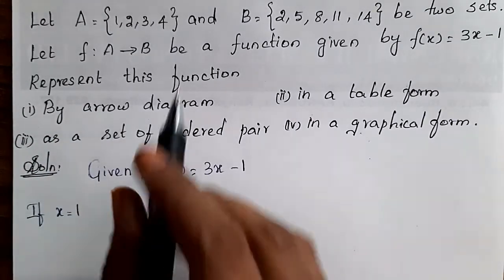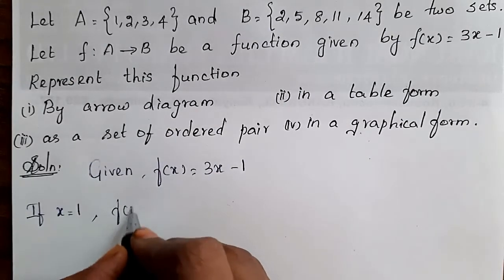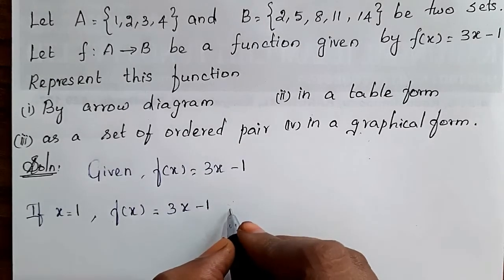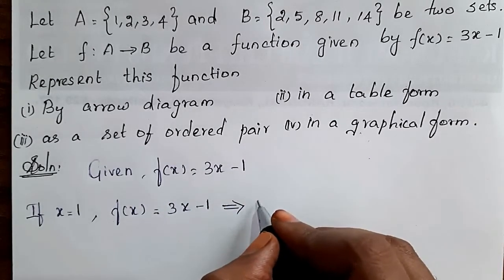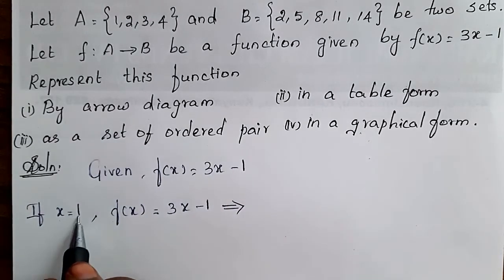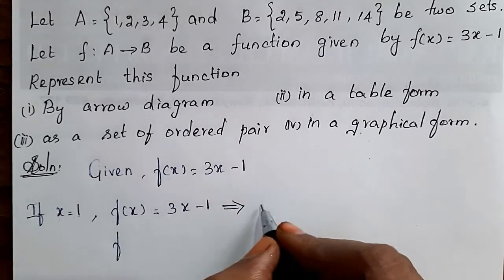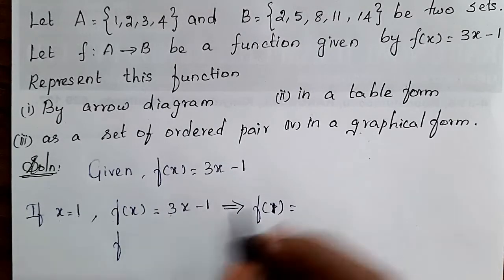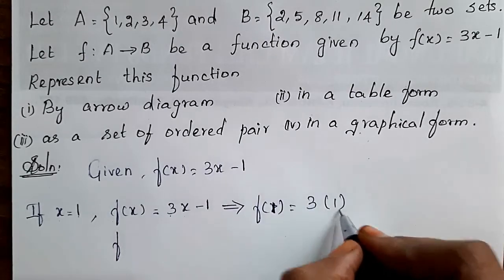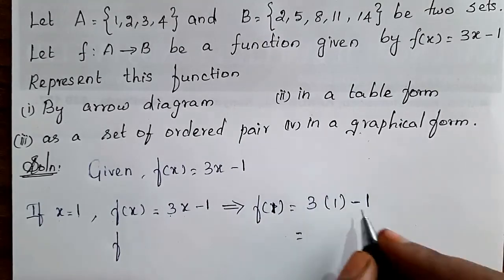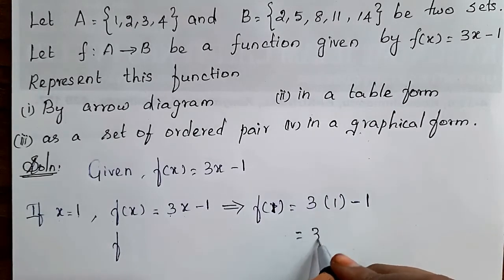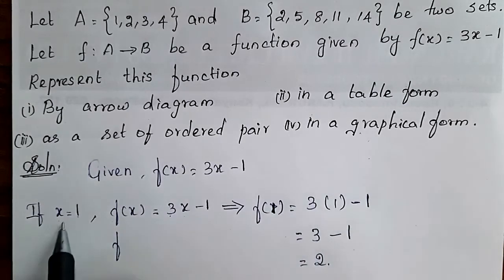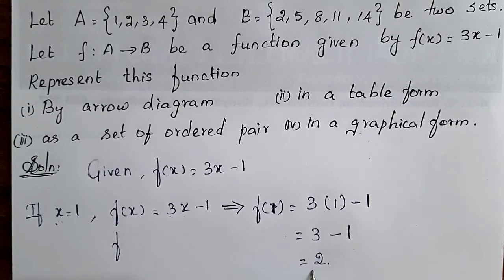First, if x equal to 1, f of x equal to 3x minus 1, so you have to find f of 1. f of 1 equal to 3 into the x value 1, minus 1. 3 into 1 is 3, then minus 1 equals 2. So if x equal to 1, the corresponding value is 2.